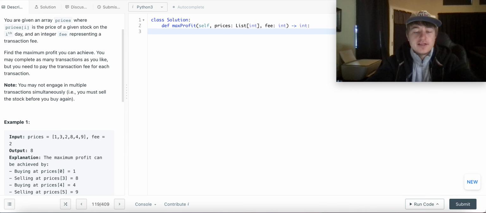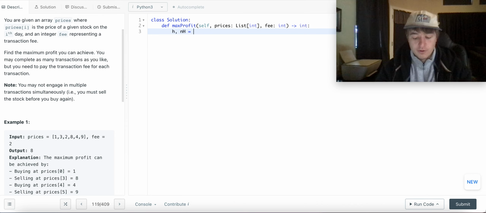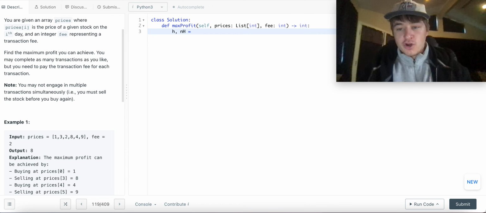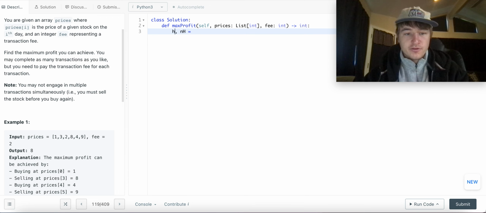Okay, so we'll create the holding and not holding. We'll just call it holding and not holding because that's what we called it in our problem description. So in our recurrence relationship, might as well just stay consistent, even though it may not be the best naming convention.